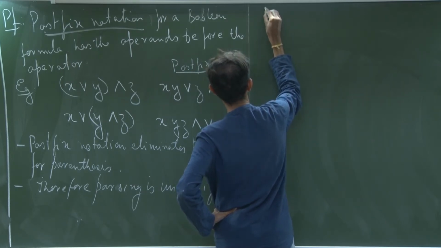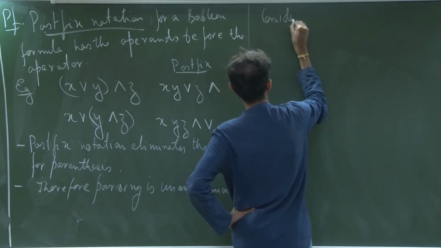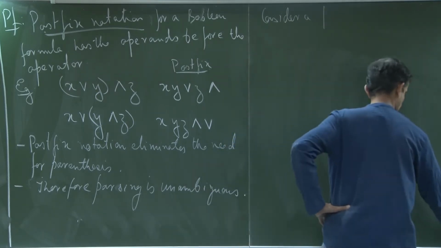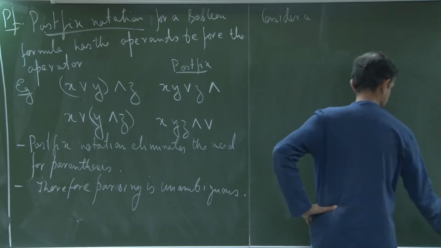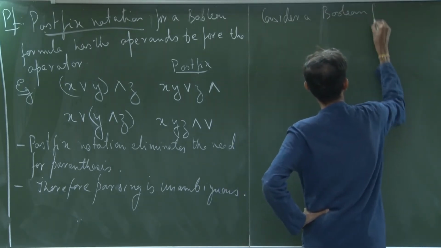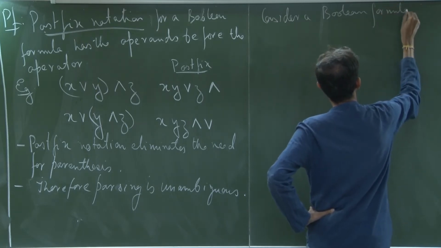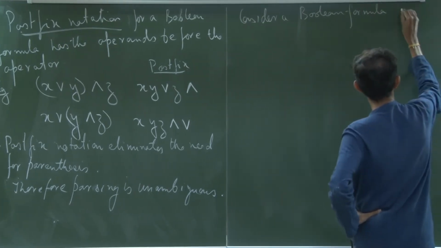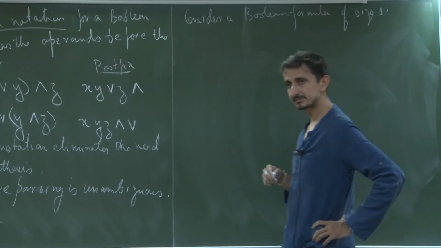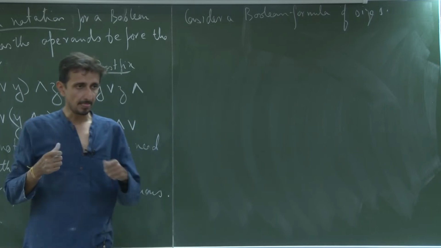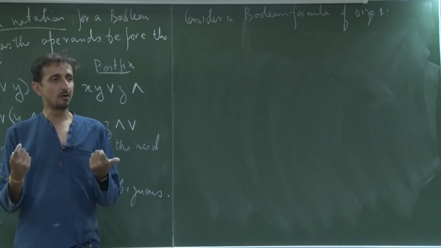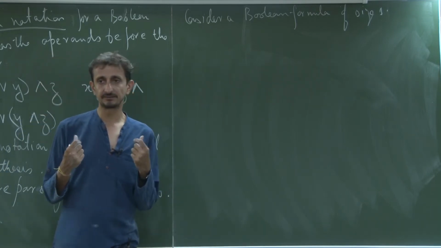So, consider a Boolean formula of size S. Now, how many ways can I write this string? First of all, how many characters will be present in this string?